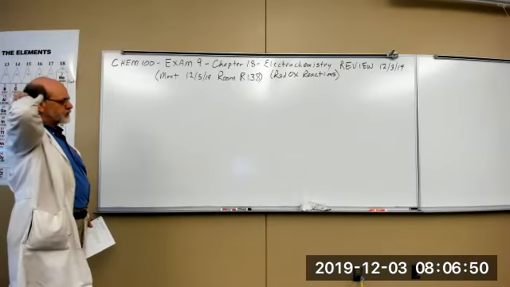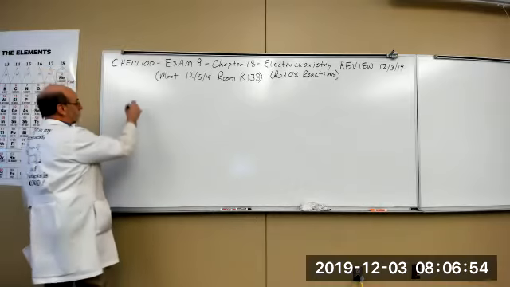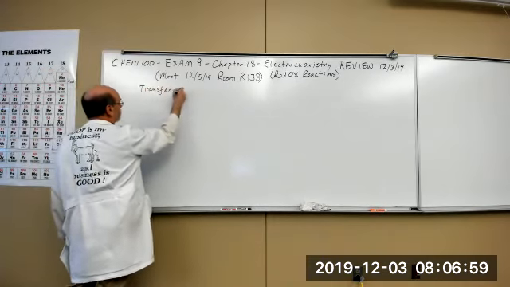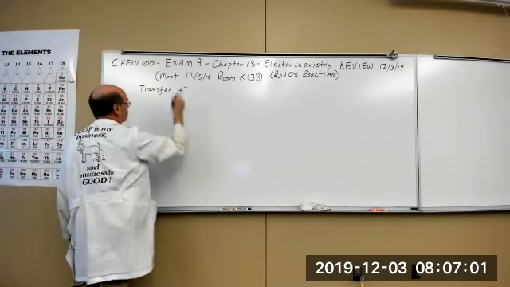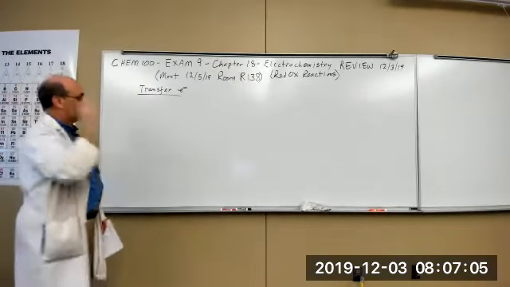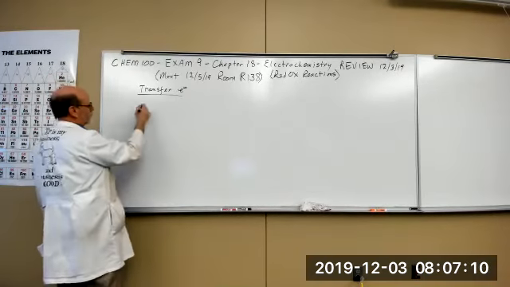So let's do a short review on what a redox reaction is. Transfer of electrons is required. Anytime you transfer electrons, you have a redox reaction. And how do you know which is which?